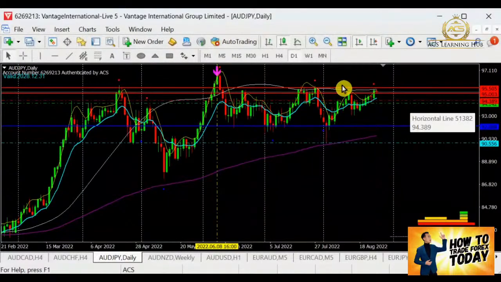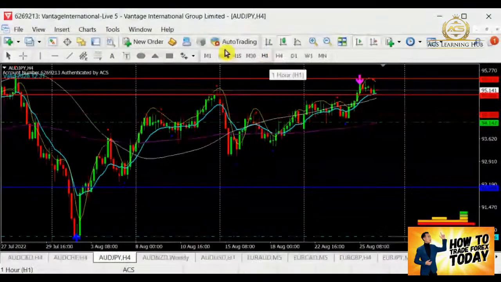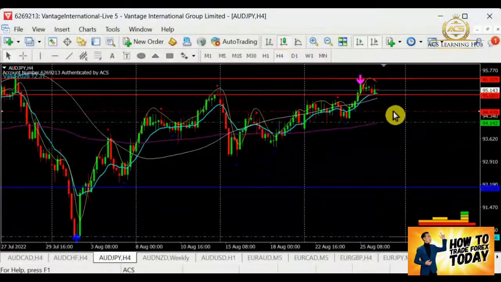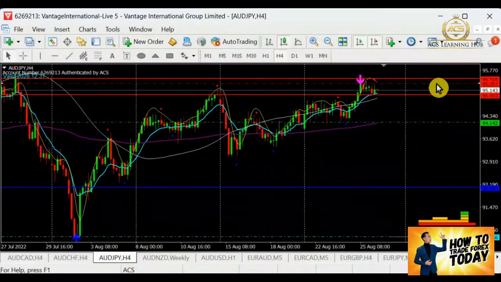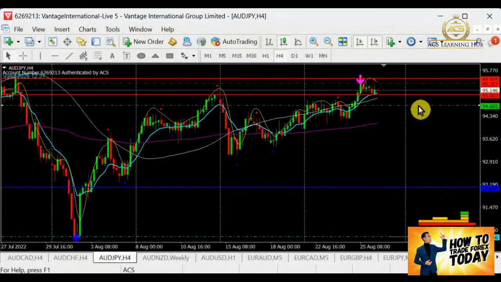Will it start to sell at this moment? Let's take a look. Tentatively, it looks like it's going to build a downward trend, and this is something we can pay attention to for Aussie yen to sell. We are into the zone here, which is the resistance, and the support is over here.